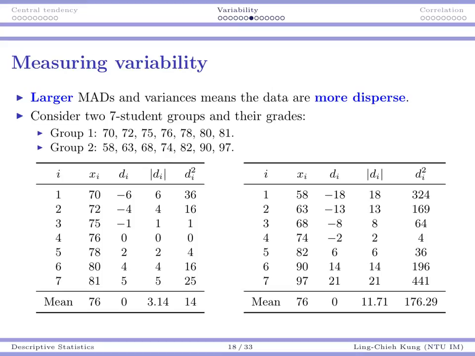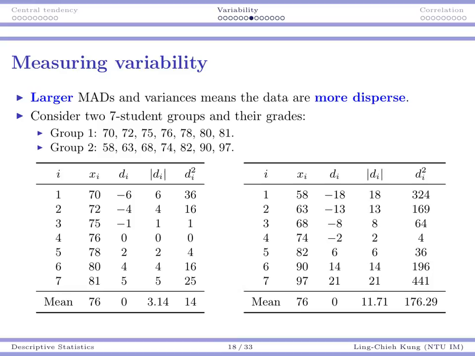Okay, so let's think about the following example. Suppose we have two 7-student groups, and in each group, all the students take one specific exam. For group 1 students, the exam scores are 70, 72, 75, up to 81. For group 2, it's 58, 63, and so on, up to 97.